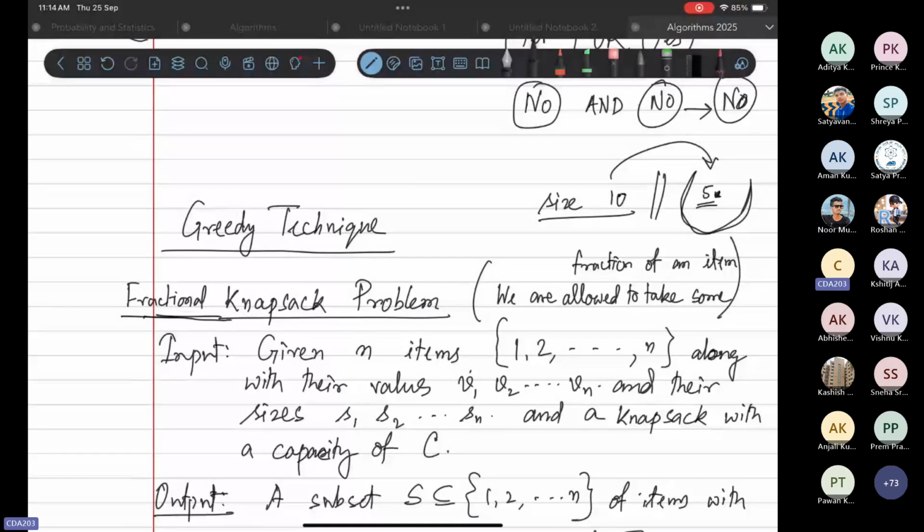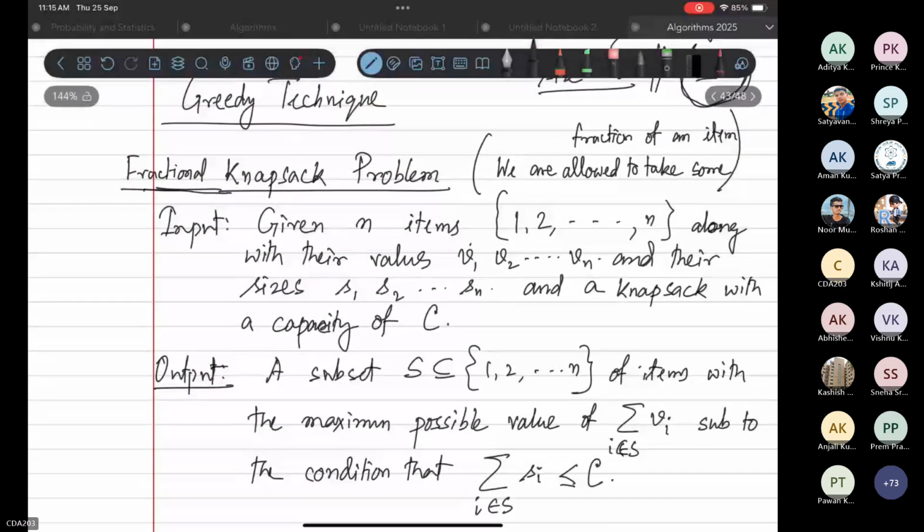Okay. So how can I write the output? What should I output? Earlier, recall that the output we were reporting was which items I'm taking, some subset of the items 1 to n. Now this time I am not supposed to do that only.